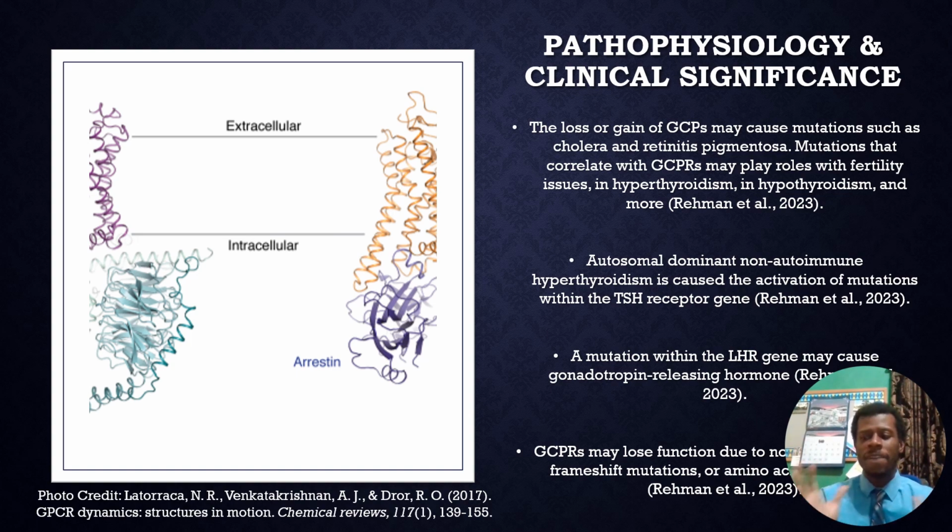They may lose their function because of frameshift mutations, nonsense mutations, insertions, deletions, and more. Mutations in the rhodopsin gene commonly cause what we know as retinitis pigmentosa, which may cause retinal dystrophy. That's referred to as an eye disease, where the retina of the eye becomes completely damaged.